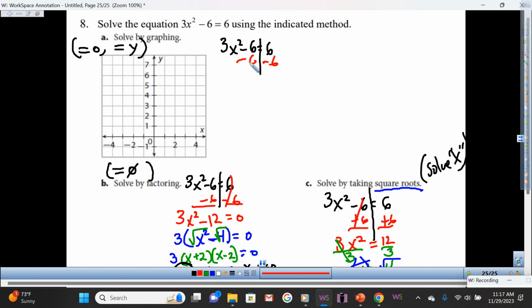Subtract 6, subtract 6. We end up with 3x squared minus 12 equal to 0, so that we're done with the first part. But now we need to change that to what? The 0 to y. 3x squared minus 12 equals to what? Now, why do we need an x and a y?